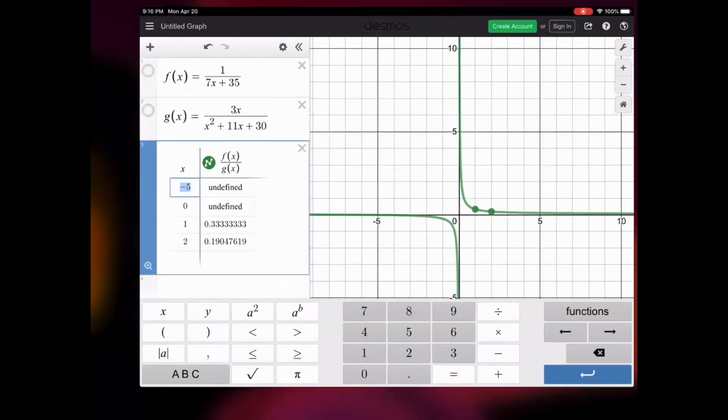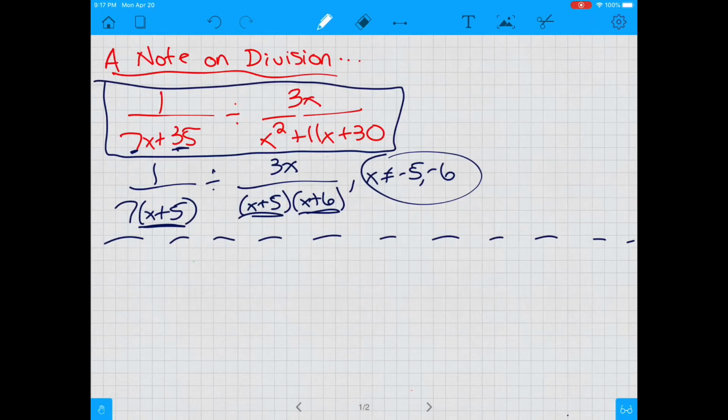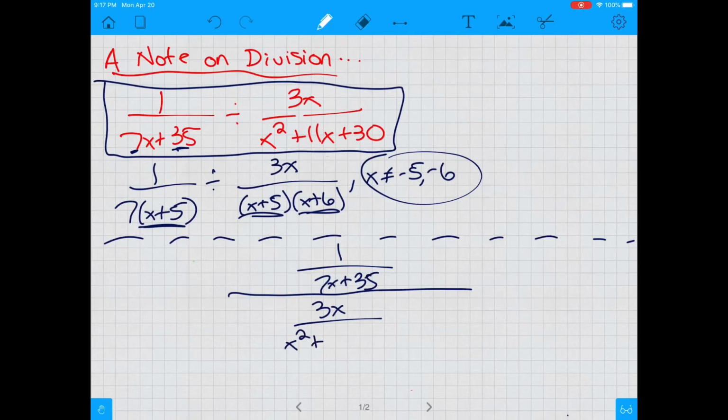If we go back, the reason why 0 ends up being a significant problem is because in reality, if I was going to write this whole expression out as a single fraction, my numerator would stay the 1 over 7x plus 35. My denominator, though, would be the entire second fraction. So why is 0 a problem?